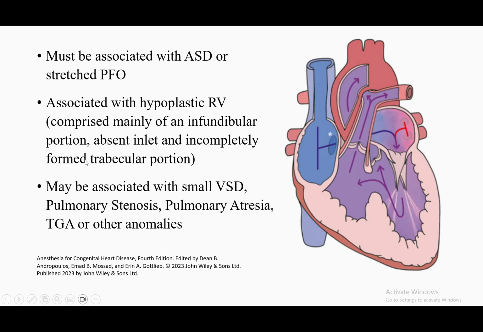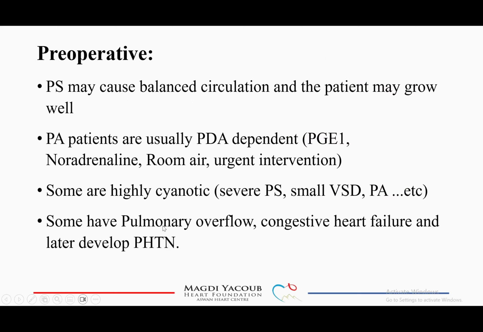Mainly the infundibular portion is present, but with an absent inlet and an incompletely formed trabecular portion. May be associated with a small VSD, pulmonary stenosis, pulmonary atresia, TGA, or other anomalies.